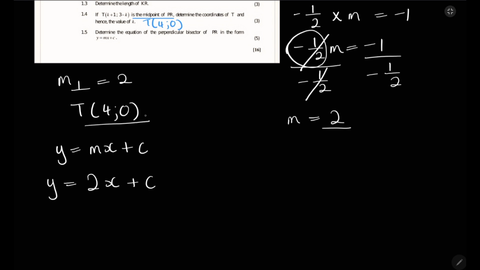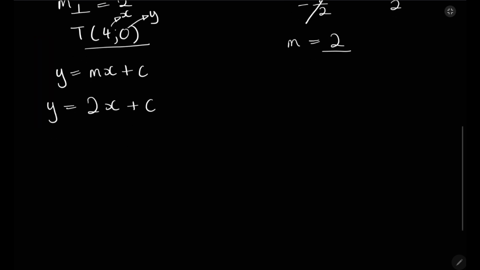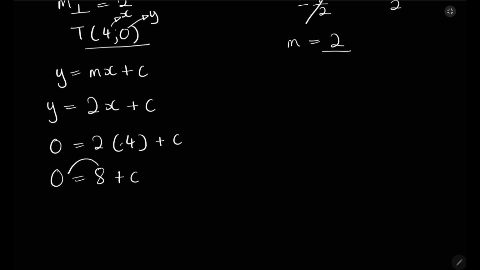Now let's substitute this point. Remember, that is your x and that is your y. So your y is 0 is equal to 2, what is your x? 4, plus c, which is 0 = 2 times 4 is 8, plus c. Let's take this 8 that side, it crosses the equal sign, so it should be -8 = c.